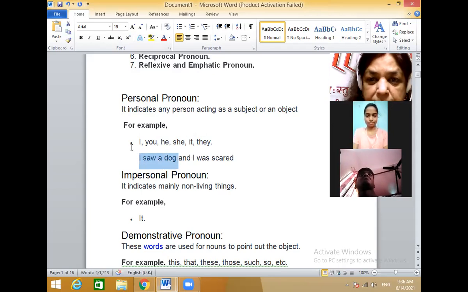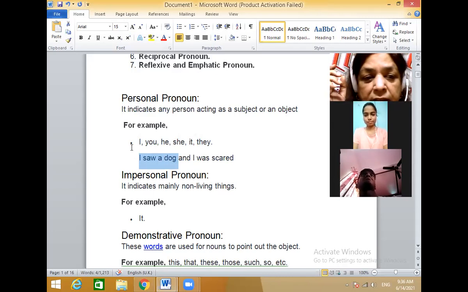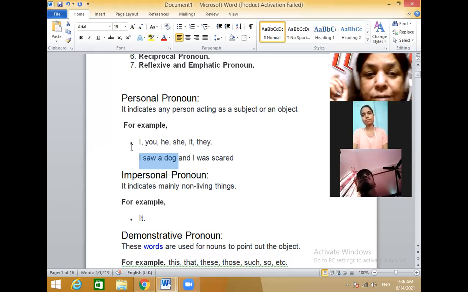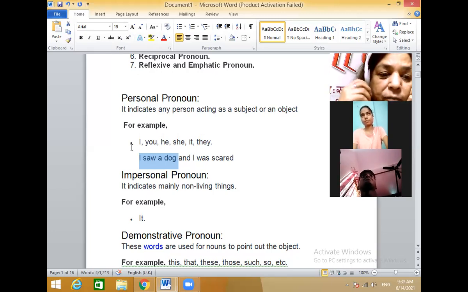So what are compound sentences? When you join two standalone sentences with and, or, but, conjunctions, it becomes a compound sentence, isn't it? It's two standalone sentences. I saw a dog, complete. I was scared, complete sense. So we are putting in and. I saw a dog and I was scared.